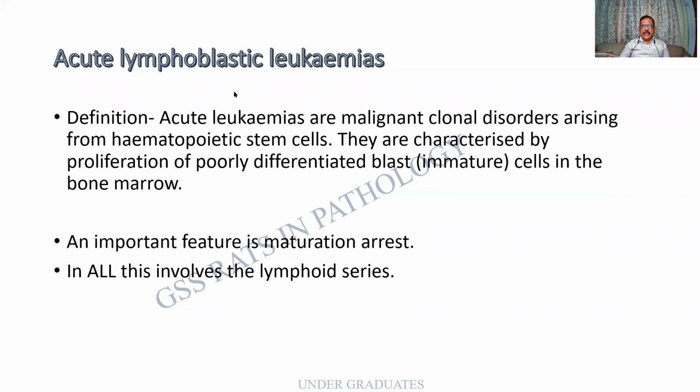An important feature of all the acute leukemias is maturation arrest. Remember A for acute, maturation arrest is there. And in ALL, you find it involves the lymphoid series. What it is, we shall be seeing.